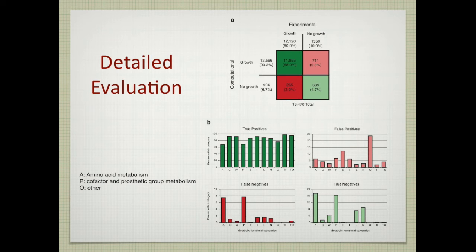What is interesting, though, what Jeff did is to show, and this is color-coded too, which GO categories are represented in these boxes. So that green box on top is pretty much the same outcome in all the GO categories. If you look at the off-diagonal elements where the failure modes are, the failure modes are associated with just a few of the GO categories.